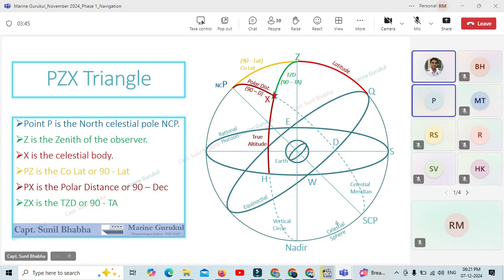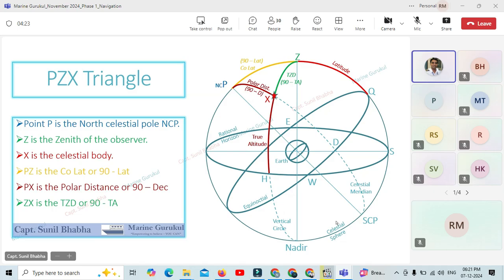Sir, for this zenith distance, we are measuring from zenith to the rational horizon, correct, sir? No, zenith distance is zenith to the body, beta. Zenith to body. Zenith to horizon, the rational horizon, will be 90 degrees, beta, always.